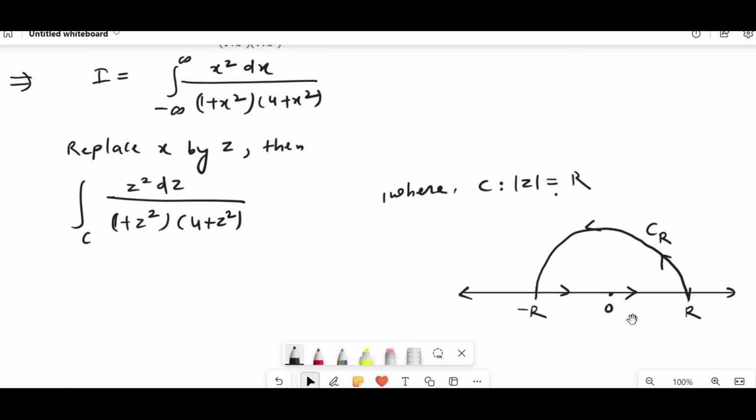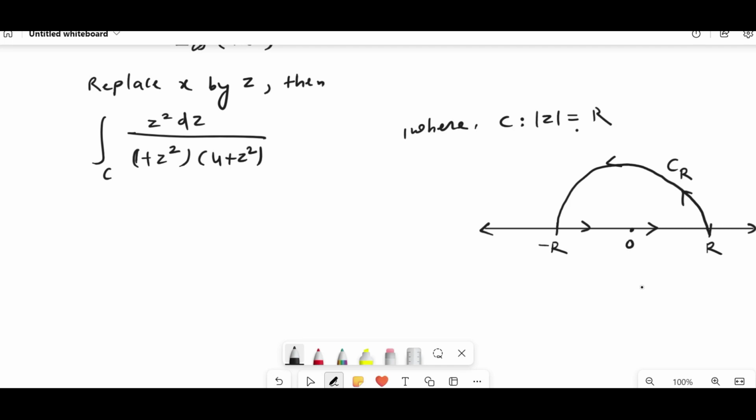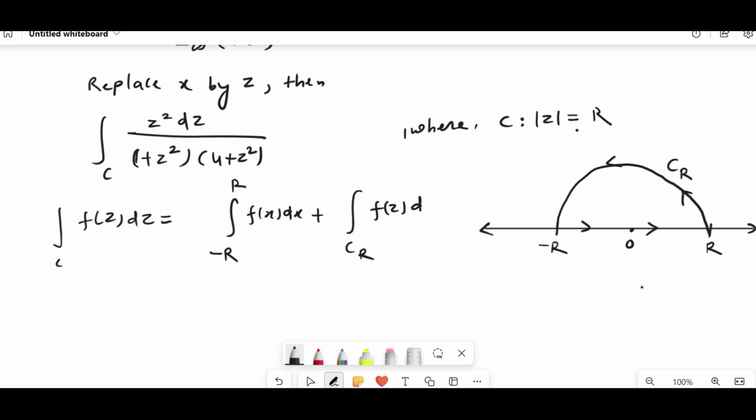So now further, the integral over the curve C of f of z dz, this whole integral will be the sum of the integral over the real axis from negative r to r of f of x dx plus the line integral over the curve C having radius r of f of z dz.